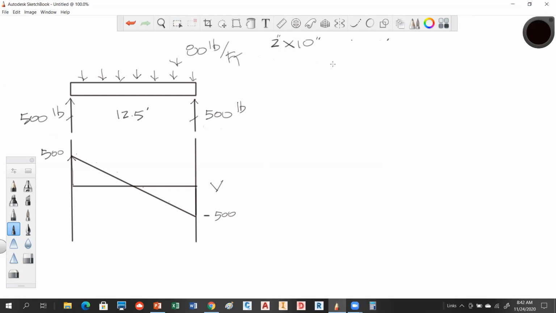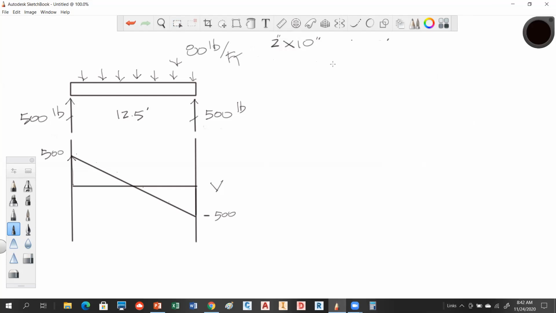So we need to go get information on that 2 by 10 because that cross section is not actually 2 by 10. Does everybody agree with that? Dressed lumber is not going to be 2 inches by 10 inches. So where do we find that information? We did that last week.